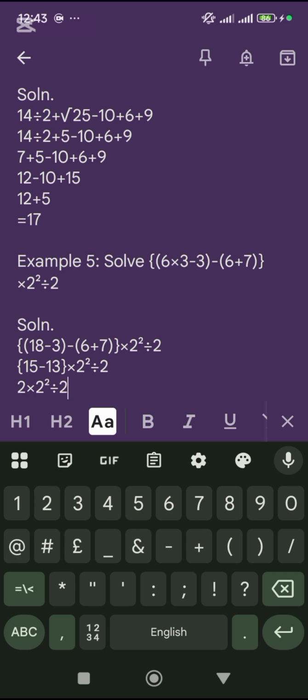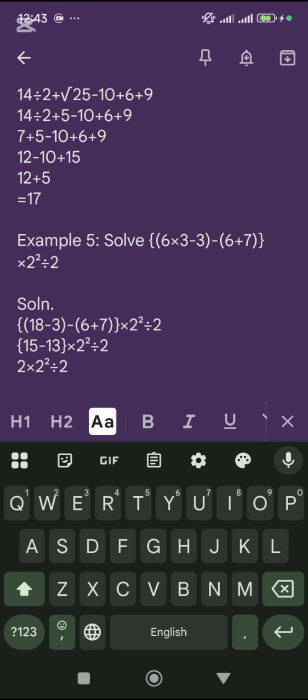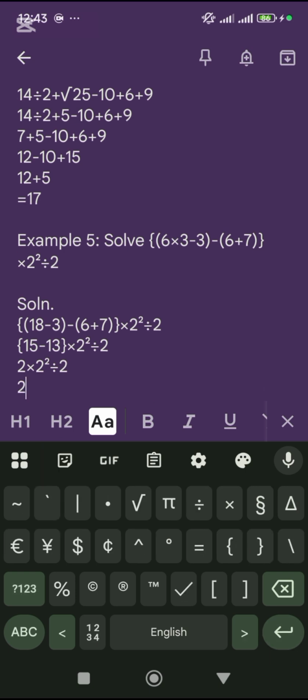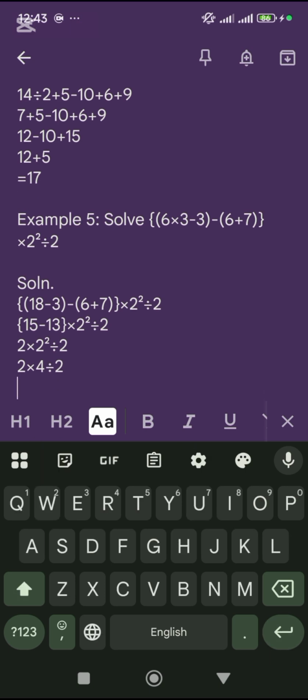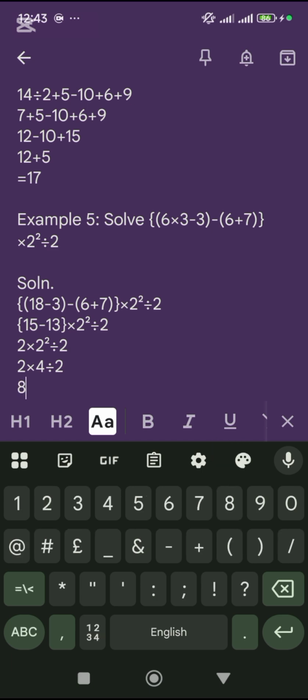Okay, and so you do the powers. 2 raised to the power of 2 means 2 times 2, and 2 times 2 is 4. So you put that here and do your division. The next thing to do is to divide, or you could just follow the sequence the way it is there, and you say 2 times 4, it gives you 8, and then divide by 2.